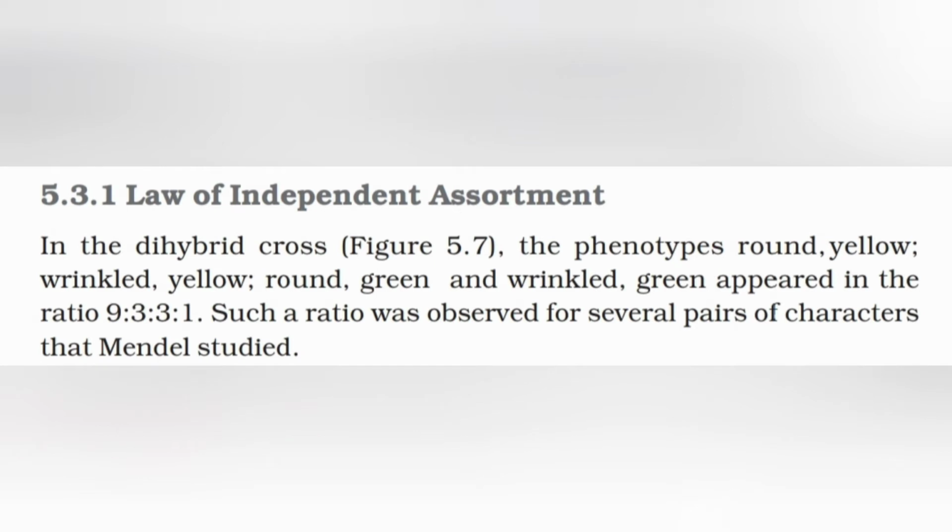Law of independent assortment. In a dihybrid cross, the phenotypes round yellow, wrinkled yellow, round green, and wrinkled green appeared in the ratio 9:3:3:1. Such a ratio was observed for several pairs of characters that Mendel studied.